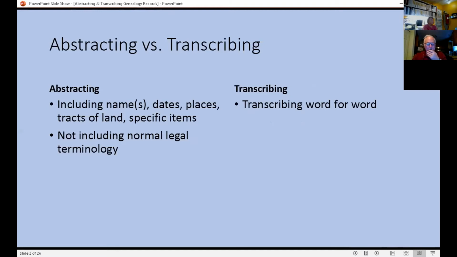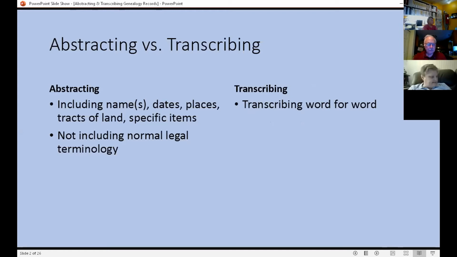What is the difference between abstracting and transcribing records? Abstracting records, you include names, dates, places, tracts of land, specific items. What you do not include is the normal legal terminology that you see in different types of records. For example, type of language would be in the name of God, I so-and-so do make this will and testament, those types of languages.